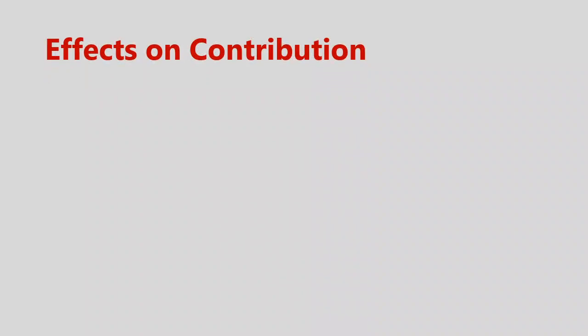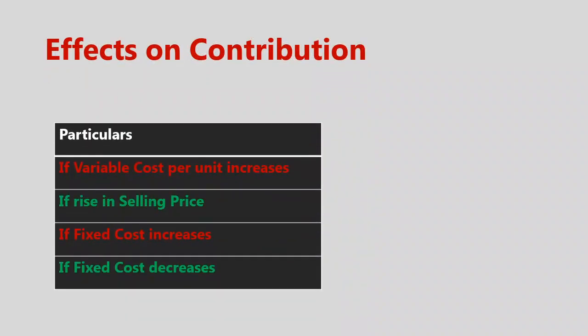Now, what are the effects on contribution? Suppose if there is a variable cost per unit increases. Imagine if the per unit variable cost increases, there will be reduction in the contribution. If there is a rise in selling price, you will generate more revenue.